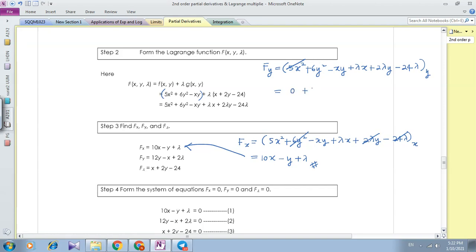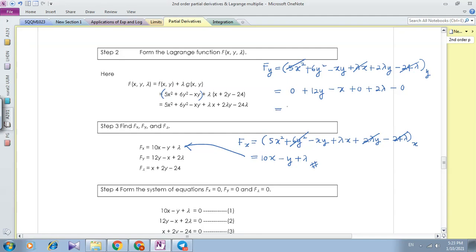This will become 12y minus, so to differentiate this, we will get x, and then for this we will get 0. For the next term we will get 2 lambda, and for the last term we will get 0 because we do not have any y term here.